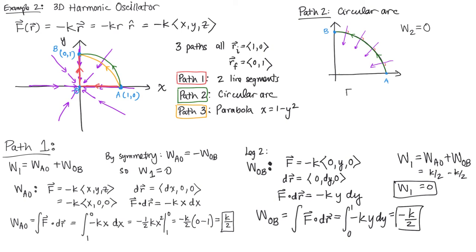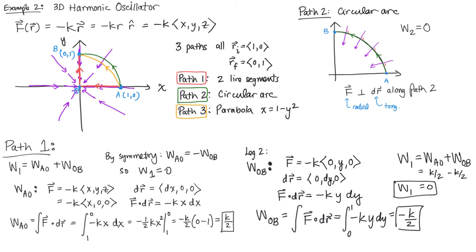Here we have the force everywhere perpendicular to dr along path 2. Why is that? Well, the force is radial, and dr is tangent to the curve, and the radial and tangential directions on a circle are perpendicular.